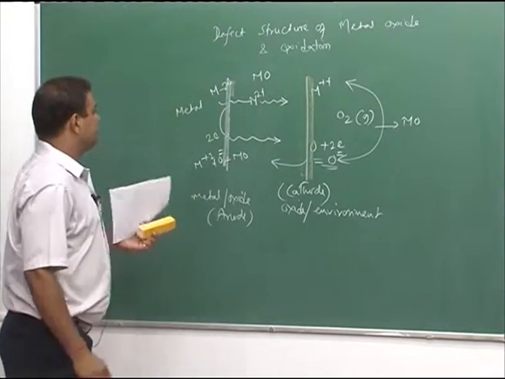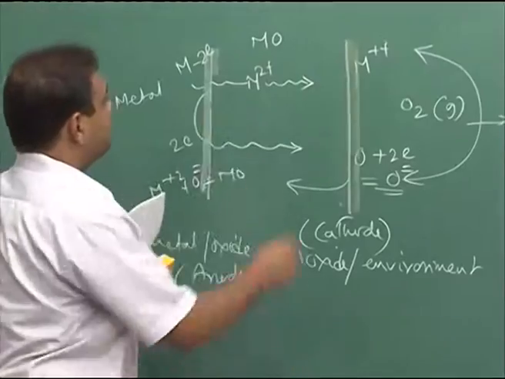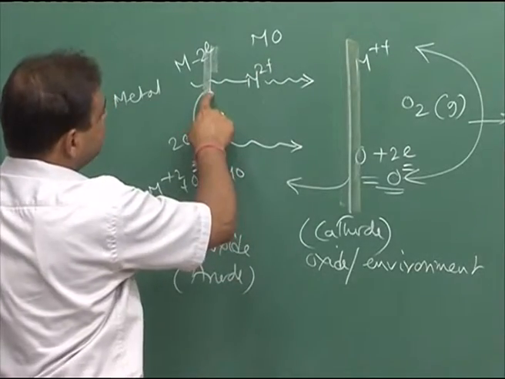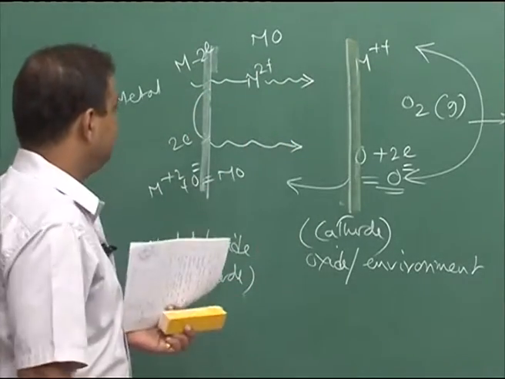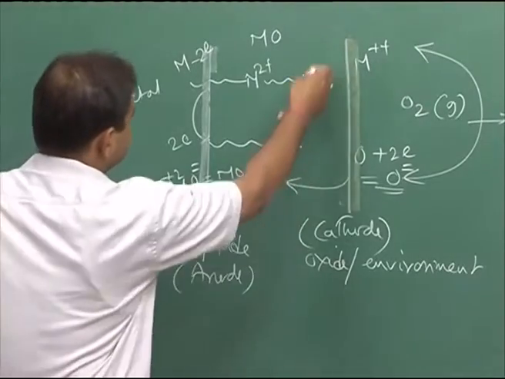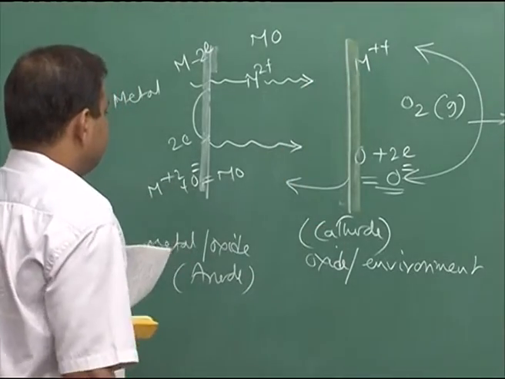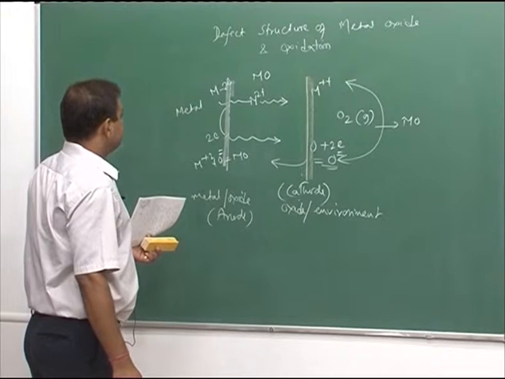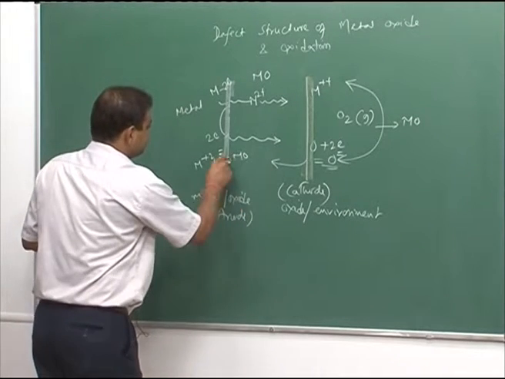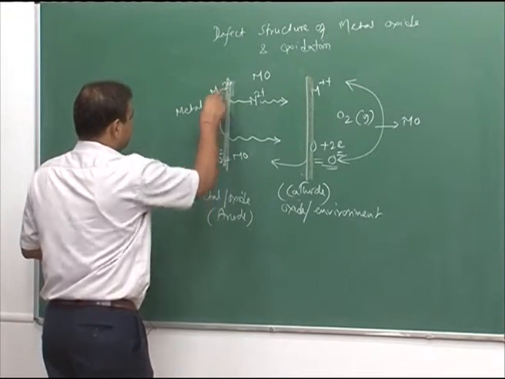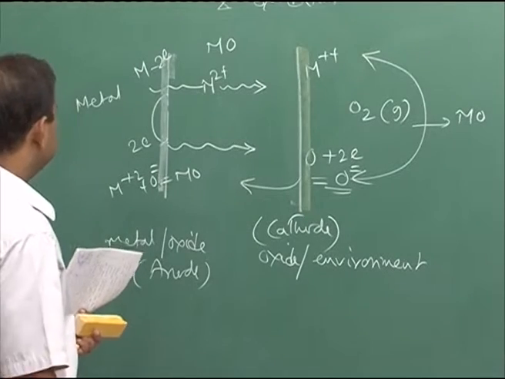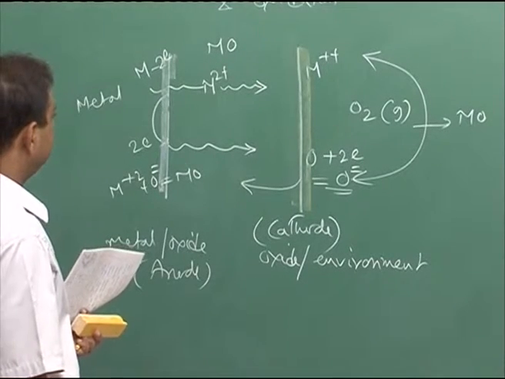So, whenever the metal ion goes from the anode surface to the cathode surface, oxide growth is taking place on the oxide environment interface, and if oxygen is coming in, oxide growth is taking place on the metal oxide interface.